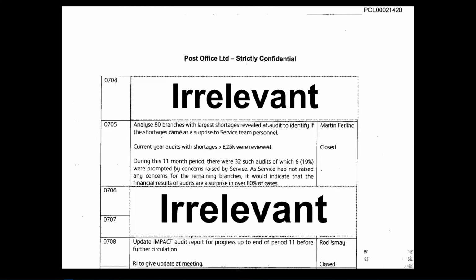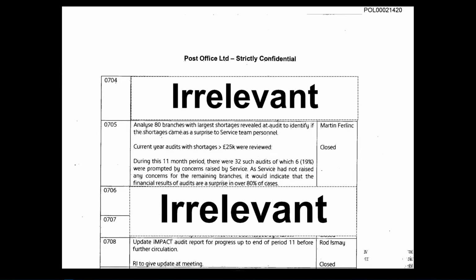Because if those losses continued, that would suggest, well, perhaps it's nothing to do with the sub-postmaster. There's something in the branch that needs to be looked at. Conversely, if the losses suddenly stopped, that might also give some information as well.